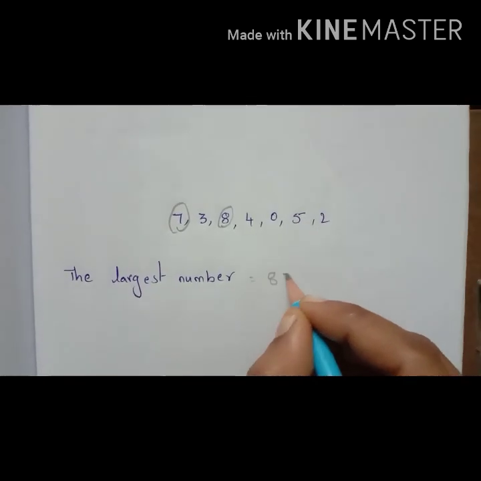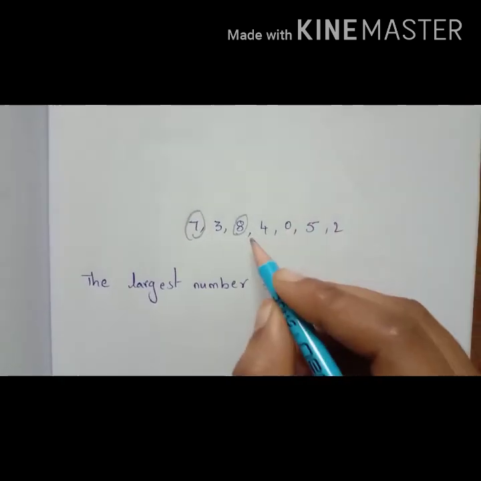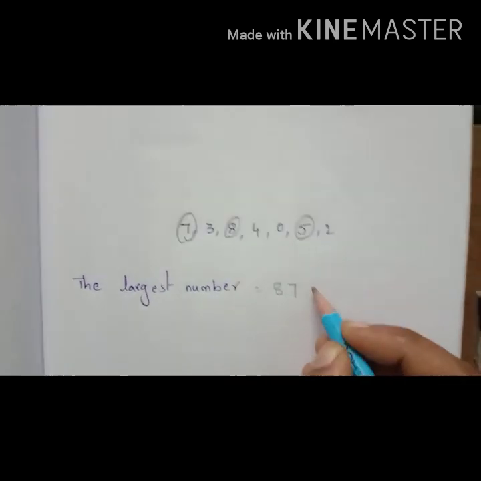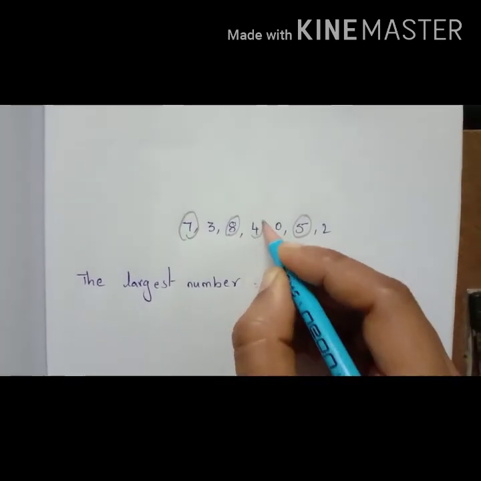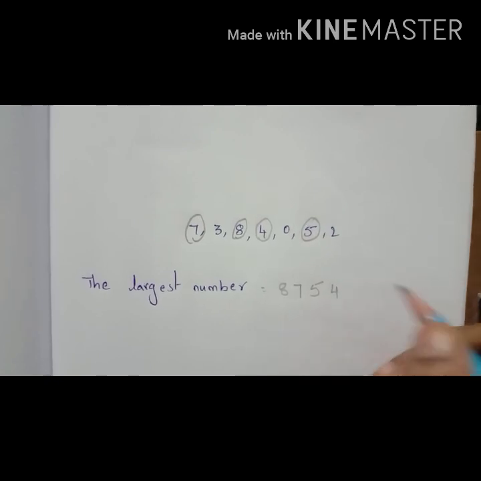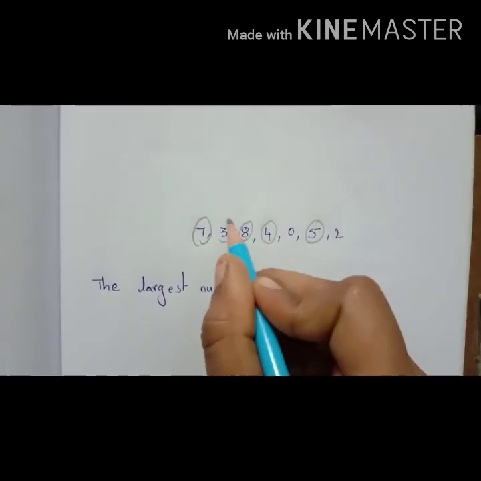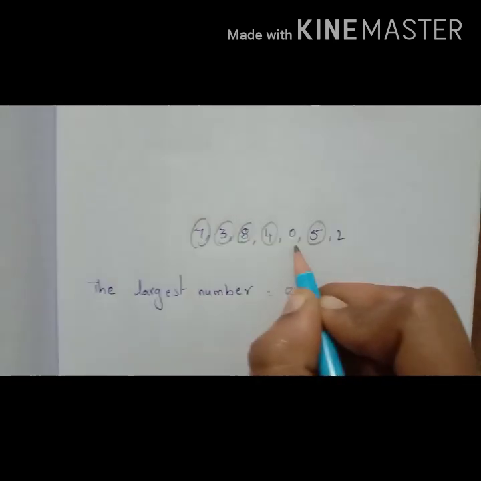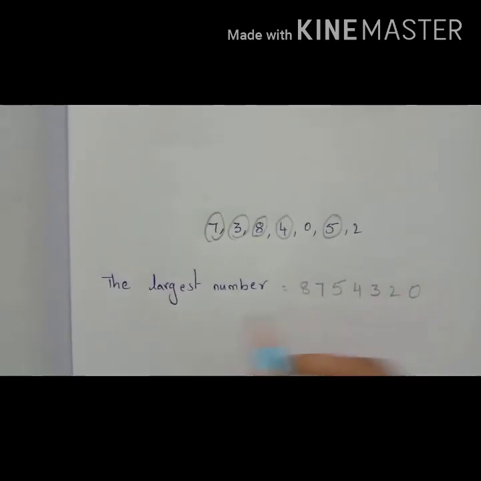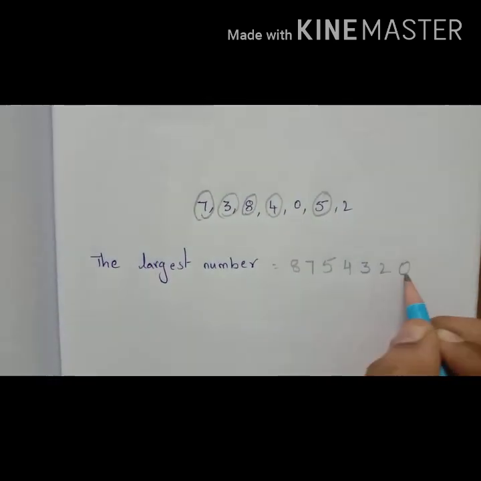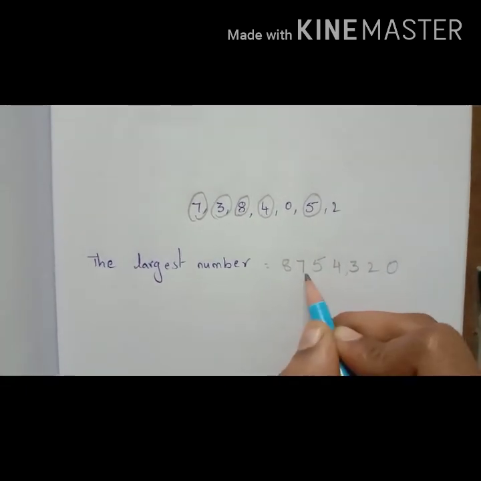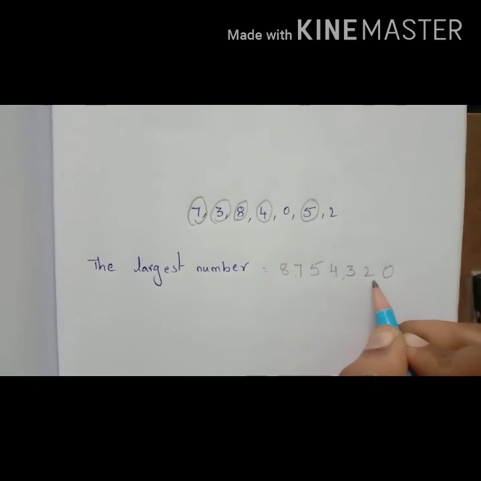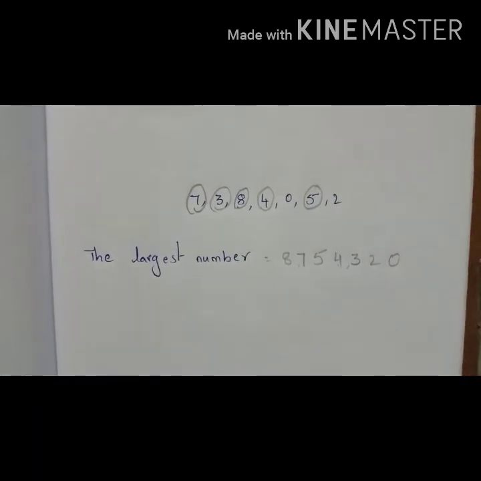So again we have to write 7. Next, after 7, see which is the biggest number? 5. Next, 5 after 4. 4 after 3. Next, 3 after 2. And last, 0. The largest number is 8,754,320.